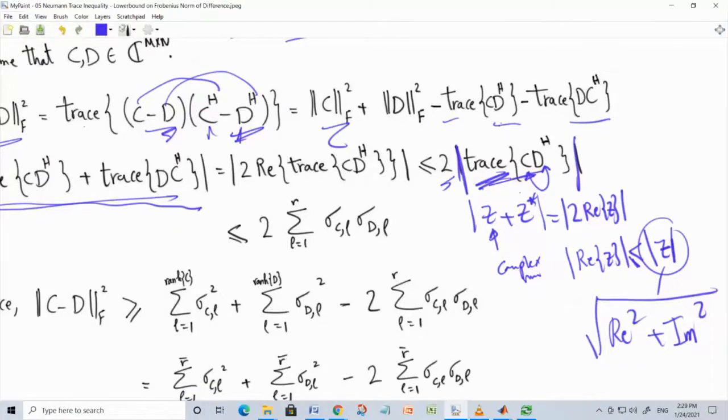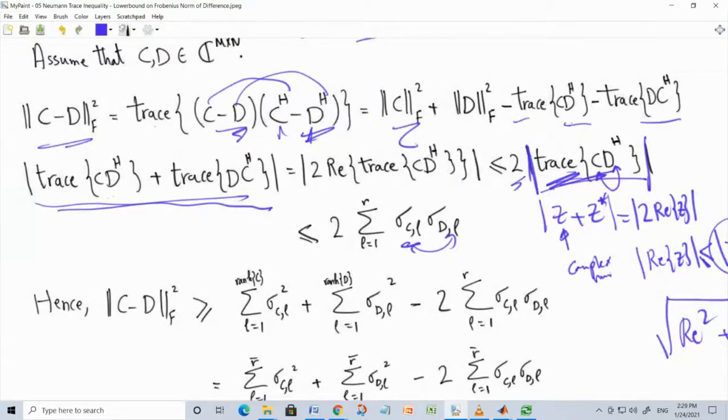According to the von Neumann trace inequality, this magnitude is upper bounded by a sum in which the corresponding singular values of C and D are multiplied together, starting from the maximum ones and going down, and then you sum. So the magnitude of the trace is upper bounded by this quantity.